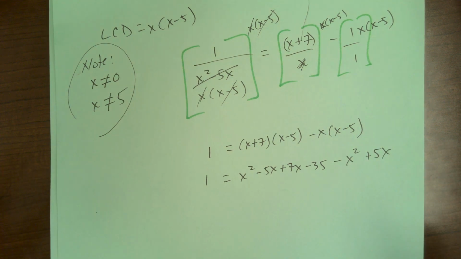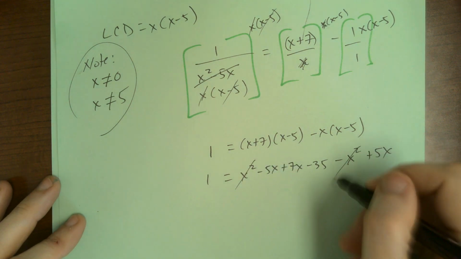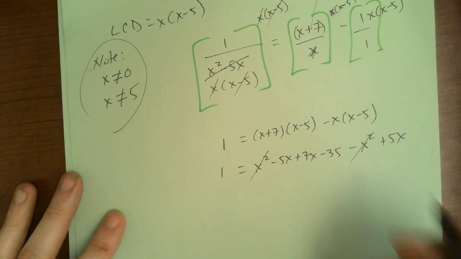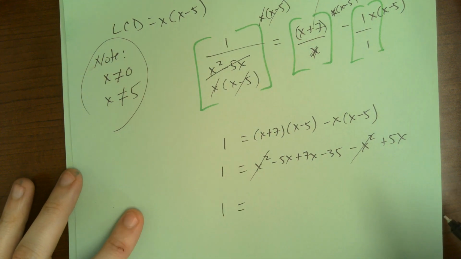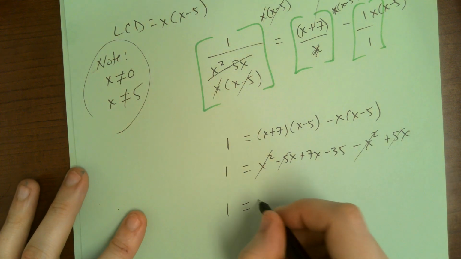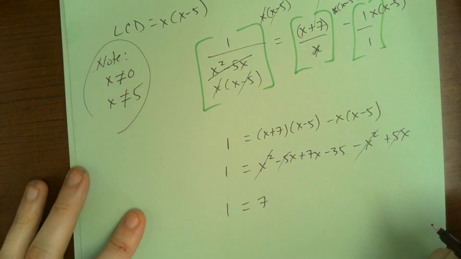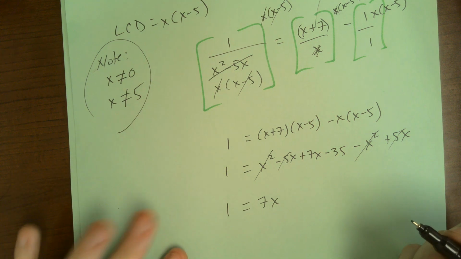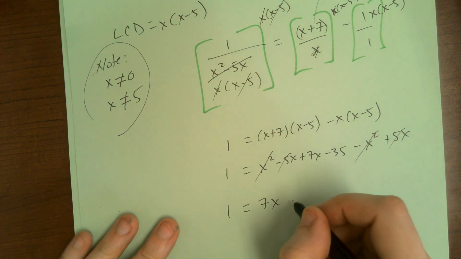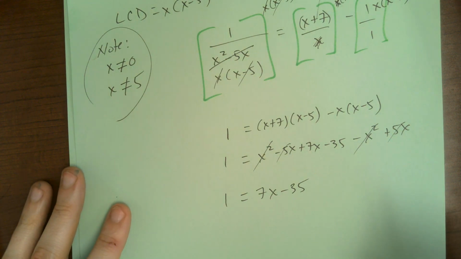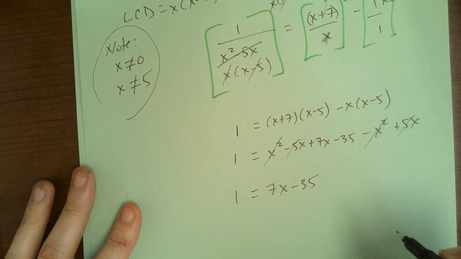Okay, that's nice because the x squareds cancel, which means we're not going to have to factor. So that's great. All right, 1 is equal to, all right, those are canceling. So I have 7x minus 35.